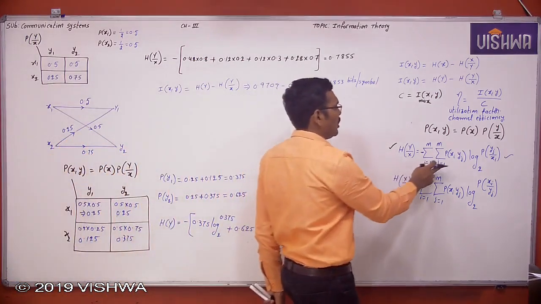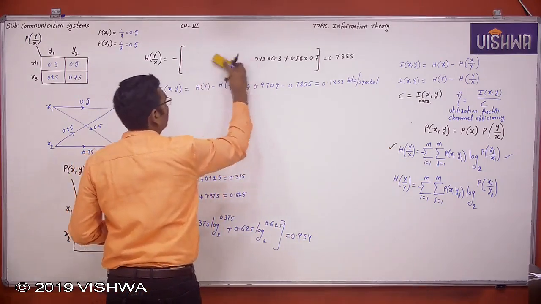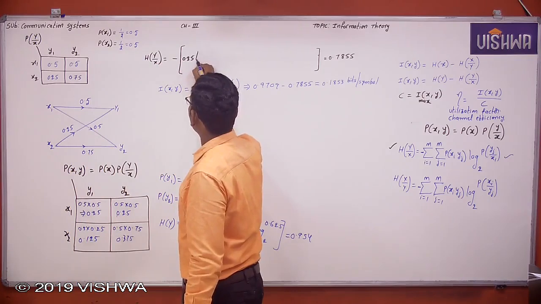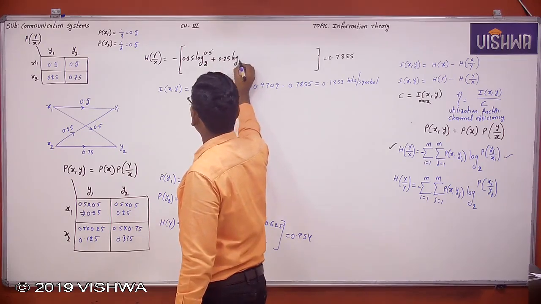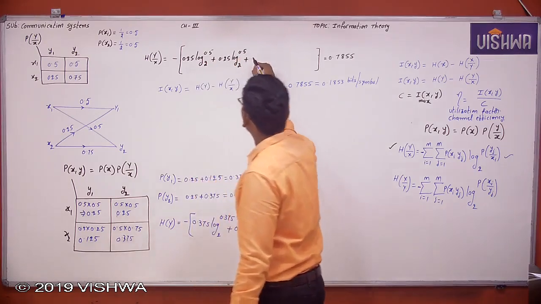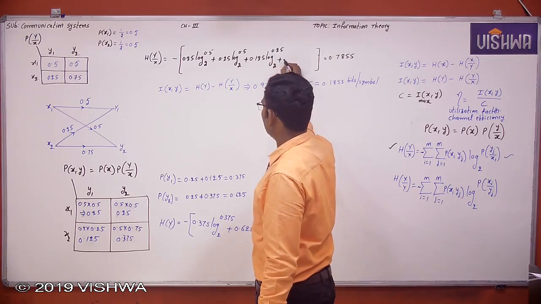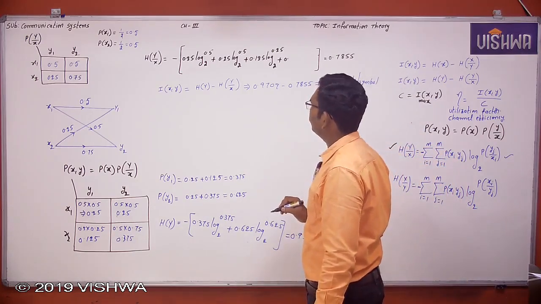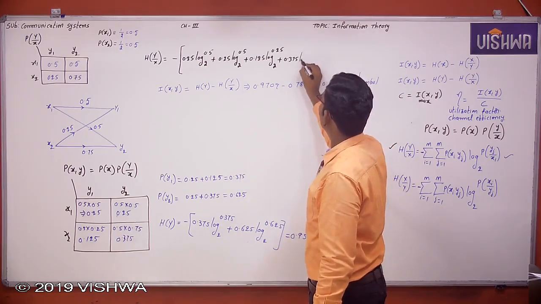The joint probability is already calculated and the conditional probability P of Y by X is available, so you can use it directly. It is 0.25 into log 0.5 base 2 plus 0.25 into log 0.5 base 2 plus 0.125 log 0.25 base 2 plus 0.375 log 0.75 base 2.